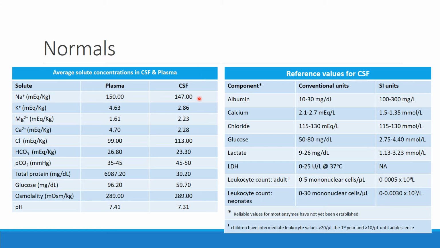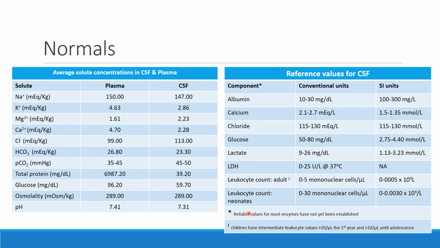Is the sodium really almost equal to the plasma level? Potassium, you can see, is about half. Magnesium is a little bit more than. Calcium, half. If you go down this list, is this information necessarily 100% reliable? That becomes an issue. And the same thing here with some of these levels as well.